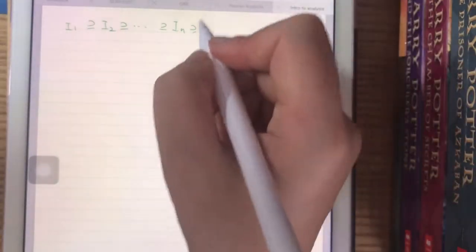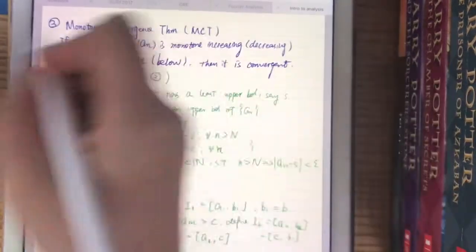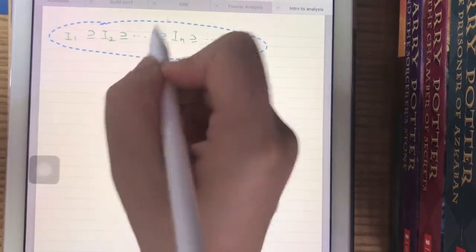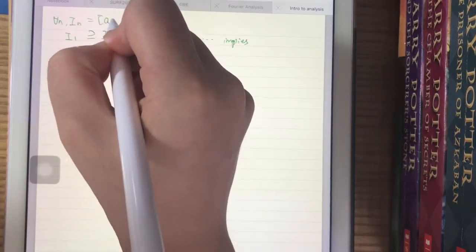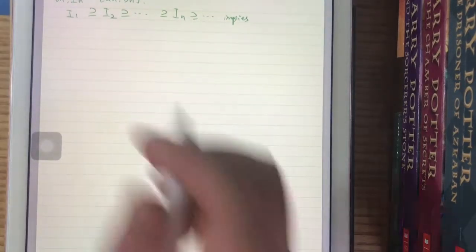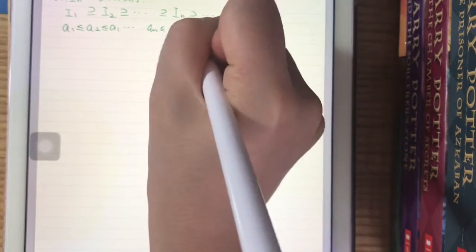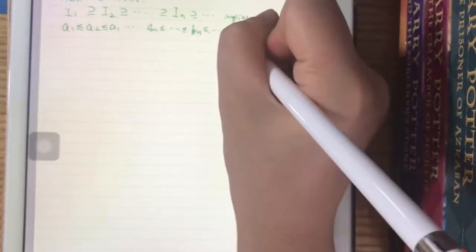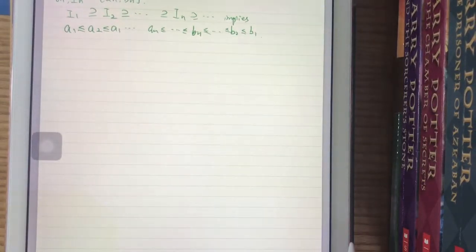For each n, I_n is A_n to B_n. So this implies that A_1 is smaller than A_2, smaller than A_3, up to A_n, up to B_n, until B_2 and B_1.